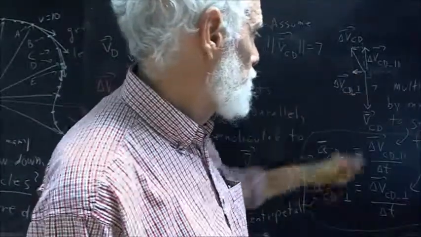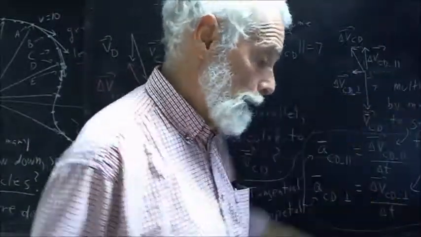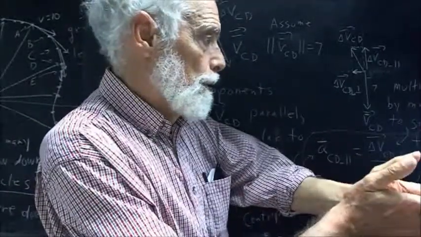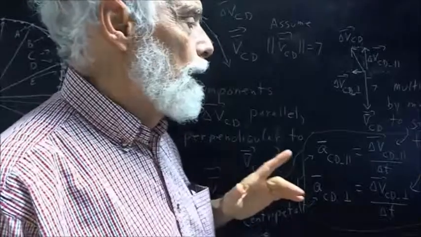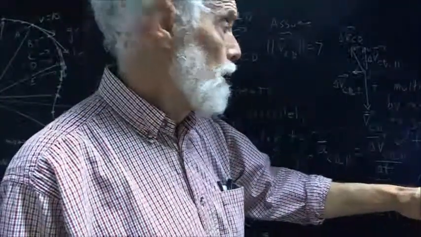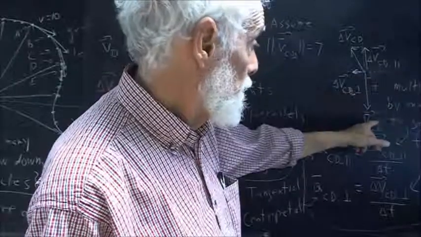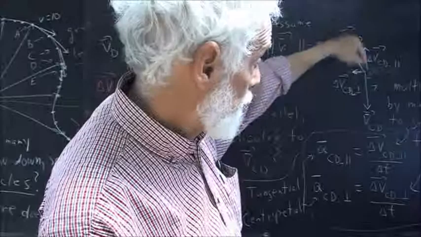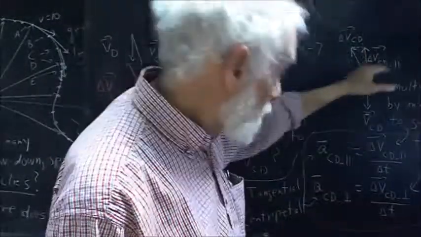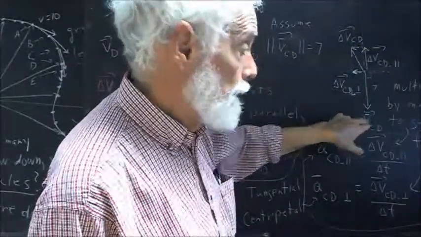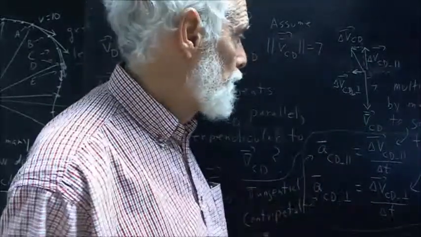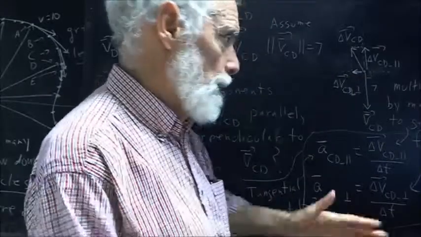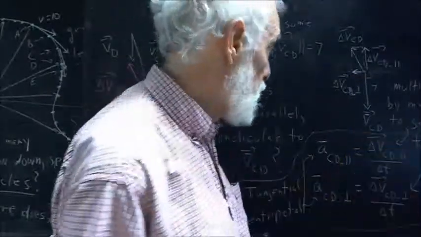This vector tells us the change in velocity perpendicular to our direction of motion. It's like I'm driving and going around a curve. I might be slowing down as I go around that curve. That would be this situation where the parallel component of the change in velocity is in the direction opposite to my velocity. But there's also a perpendicular component. Now it's going to the left, so maybe I'm going around the curve like this.